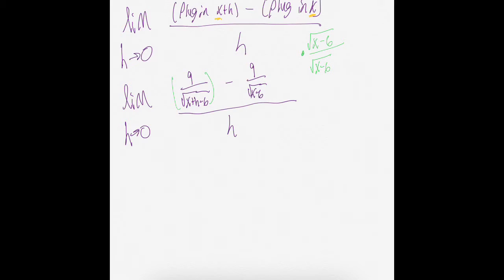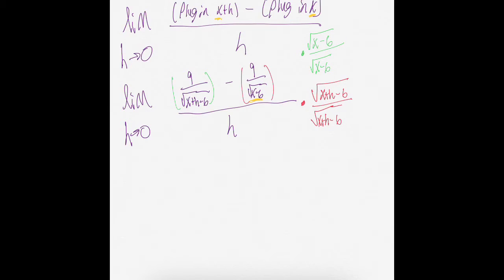Okay, so notice that this root x minus 6 is just the denominator of this right-hand fraction. And similarly, I'm going to multiply this right-hand fraction by the denominator of the other fraction, which is root x plus h minus 6. Okay, so notice where these values are coming from.